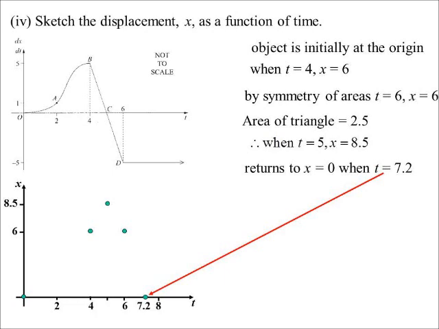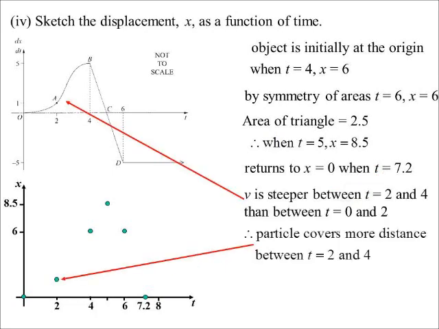Now, looking at the graph, I've got to draw in some sort of line here, but it's not going to be a straight line, because to get an oblique line, it must have come from a parabola. That's not a parabola. So there's going to be some sort of a curve here. Now, what I notice is that between 0 and 2, it's shallower than between 2 and 4.